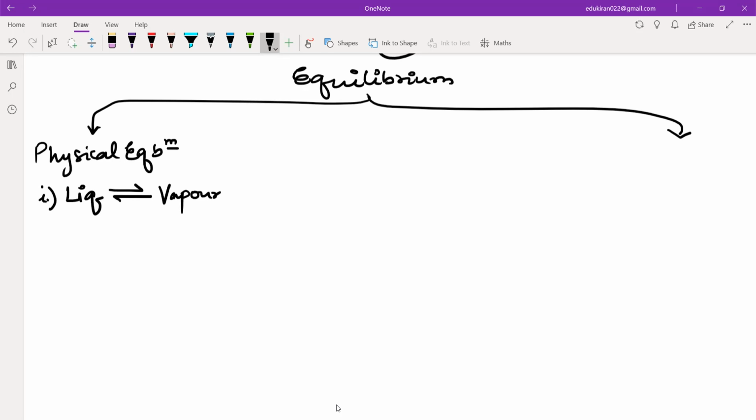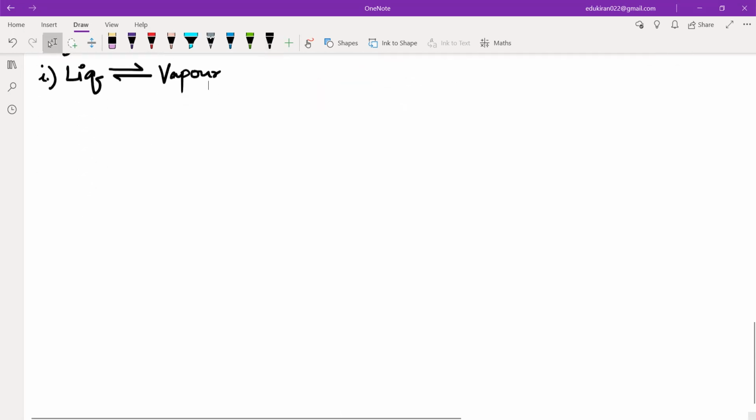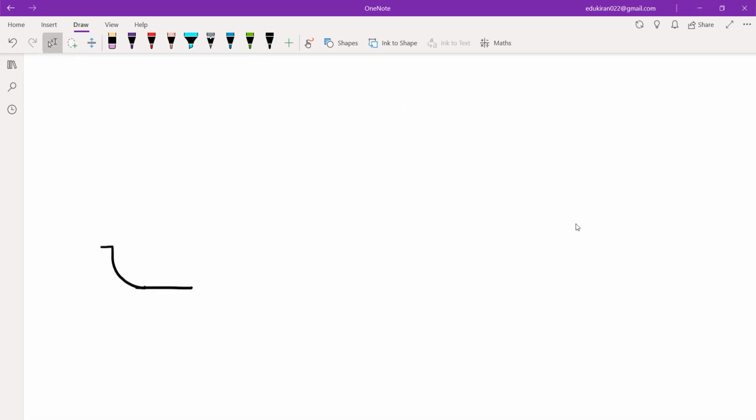Now let us look at this system, liquid and vapor equilibrium, and let us see what is the property that is going to be constant. Now I ask you one question. You have some water here, not this much water, very little water, in an open vessel.